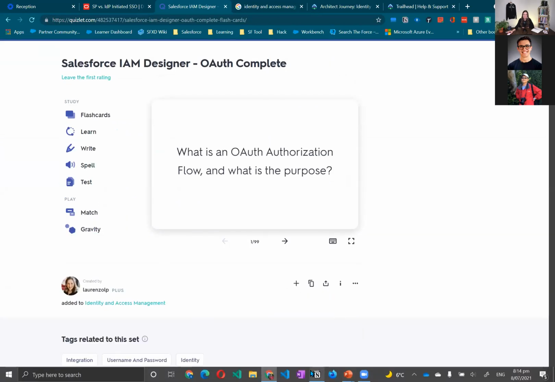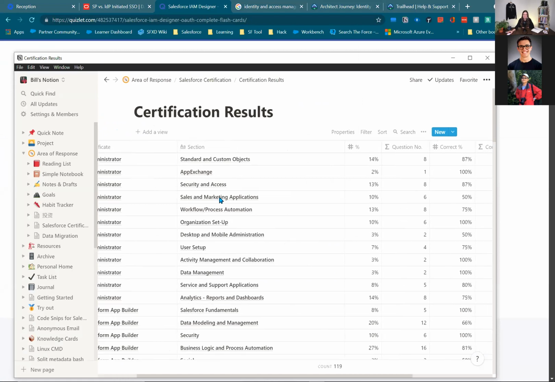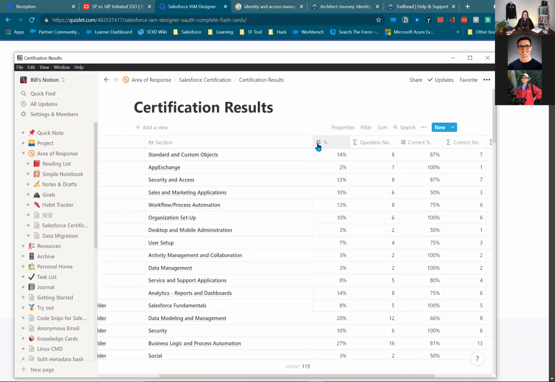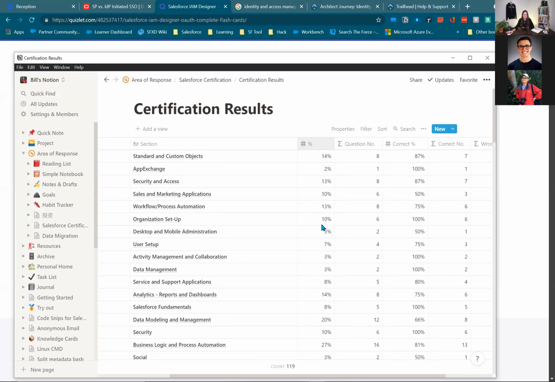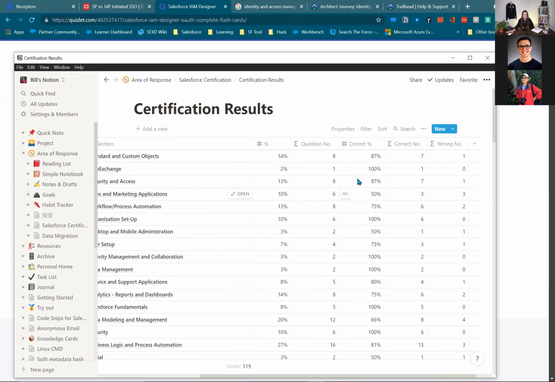About the result, I can show you my result. This is my first exam, the Administrator. The first column is the percentage from the exam guide, and times 60, you get the number of questions. And this column is from my exam result.